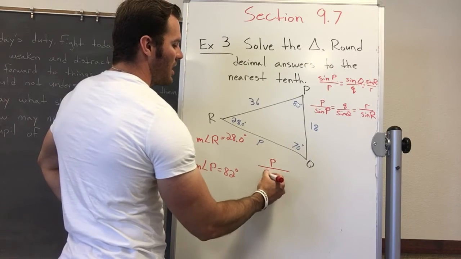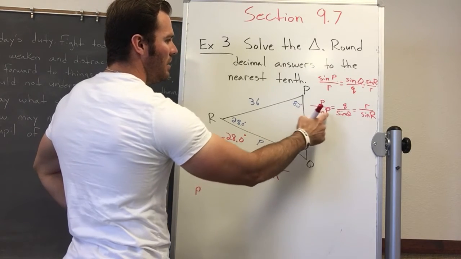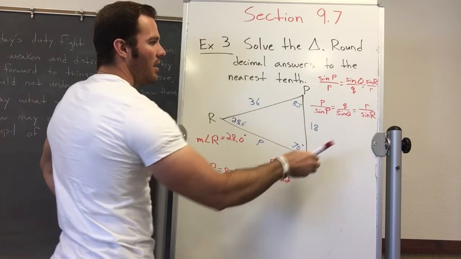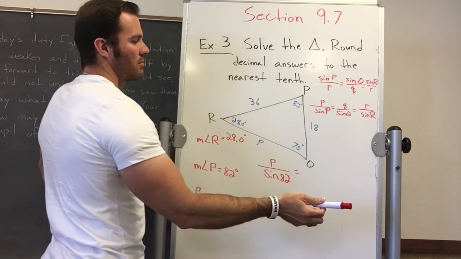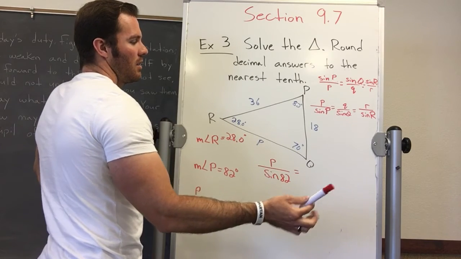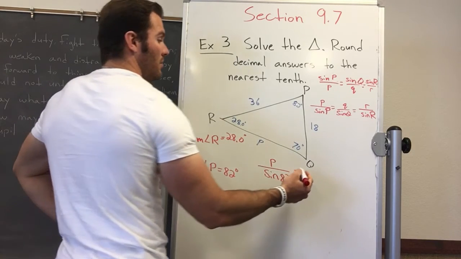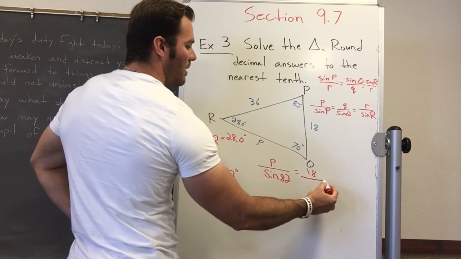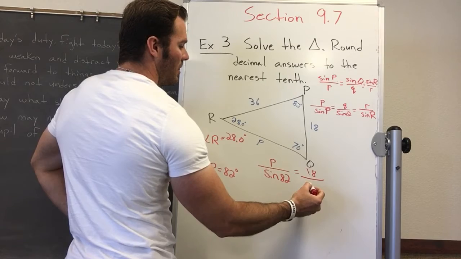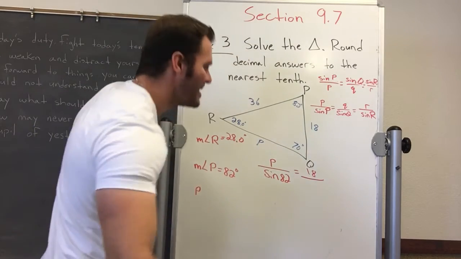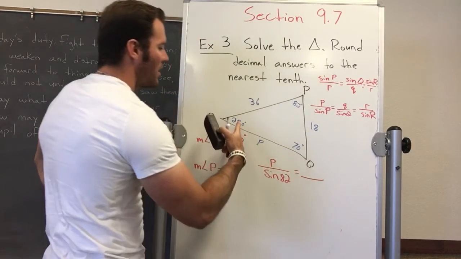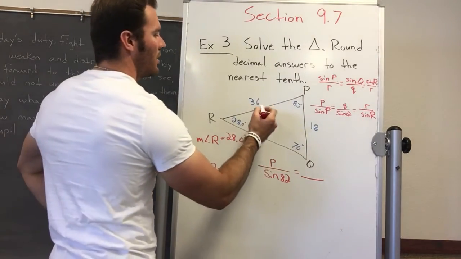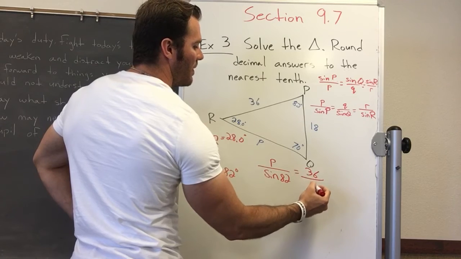And that goes over sine of the capital P, which is 82. Set it equal, and you can choose the Q's or the R's, whichever one you want. Let's do the Q's. And to be more exact, because this is an approximation, let's use the exact numbers. So lowercase q first, and then uppercase Q.